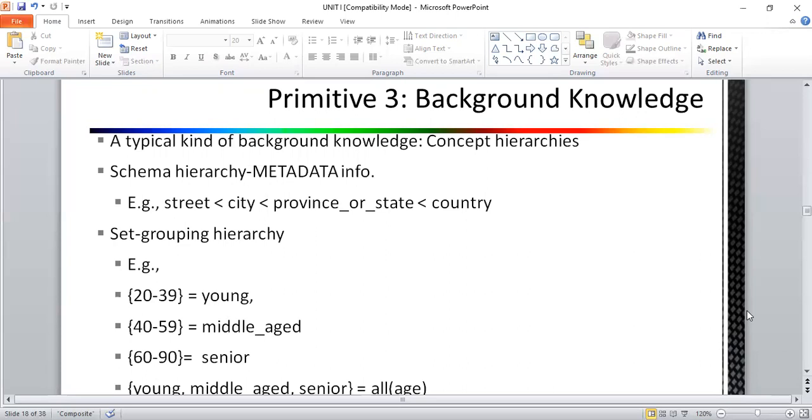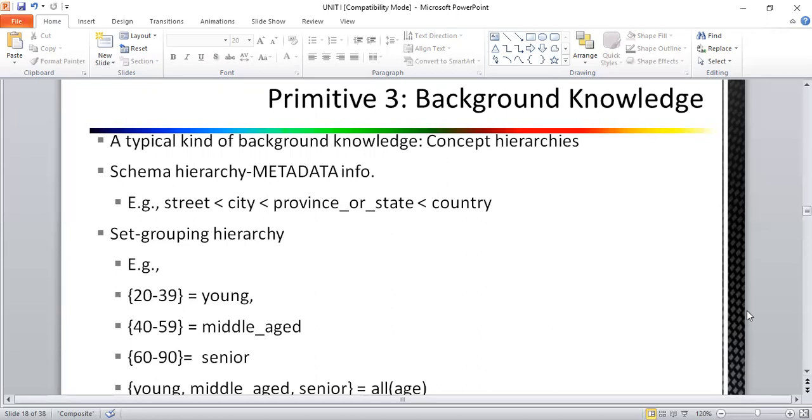Now the concept hierarchy is organized as nodes in a tree. Each node will represent some concept. There will be these levels available to us, and we can perform different operations on that concept hierarchy, like drilling down, drilling up, rolling up.